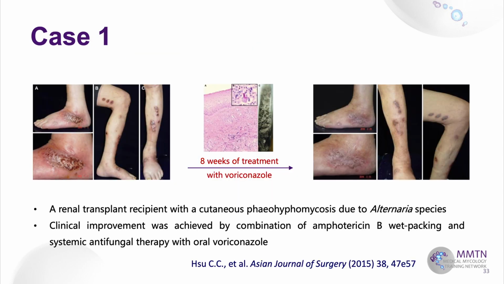Here I would like to show you three reported cases. The first one, by a Taiwan doctor, is a renal transplantation patient with cutaneous phaeohyphomycosis due to Alternaria. Clinical improvement was achieved by a combination of amphotericin B wet packing and systemic antifungal therapy with oral voriconazole.